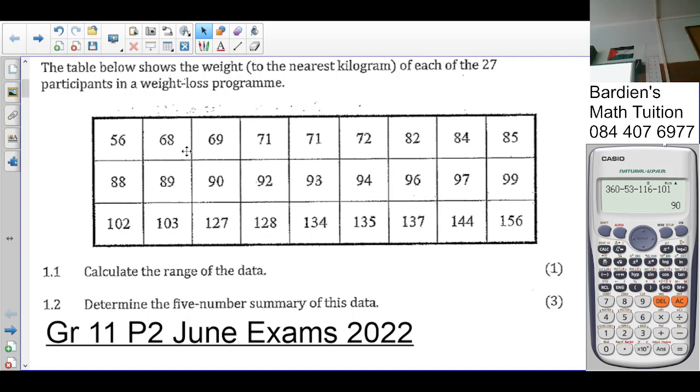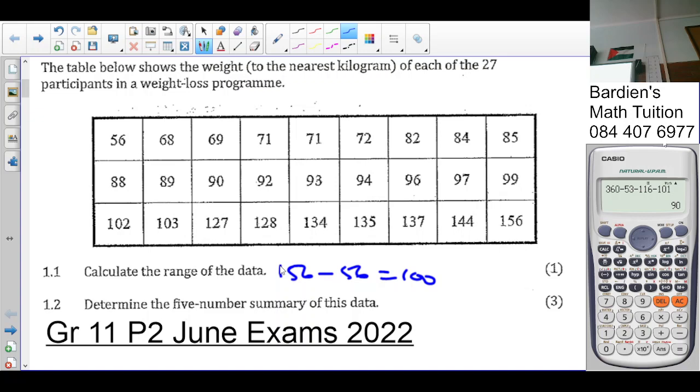What you should note at this point is that this data is already in ascending order, which means it's already going from smallest to biggest. So the range of the data is the highest value minus the lowest value, which is 156 minus 56, which is 100 kilograms. Determine the 5-number summary.